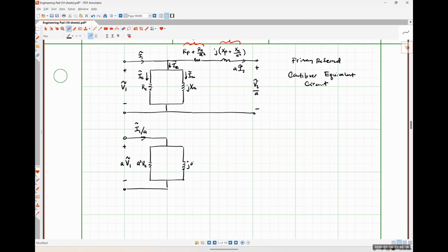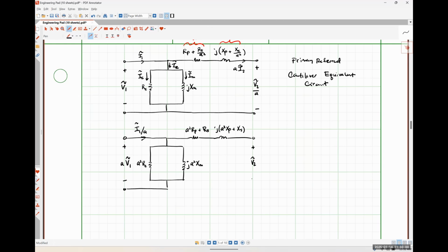This is going to look like j A squared XM. This is my resistance. So RS is going to be left alone. I'm referring RP over. So that's going to look like A squared RP plus RS. This is going to be j, A squared XS. This is going to be XP plus XS.